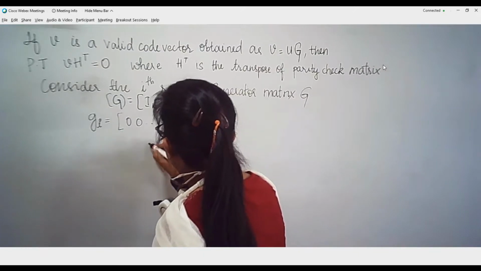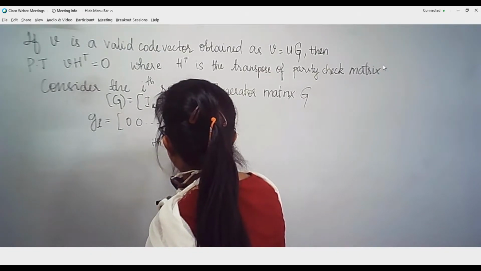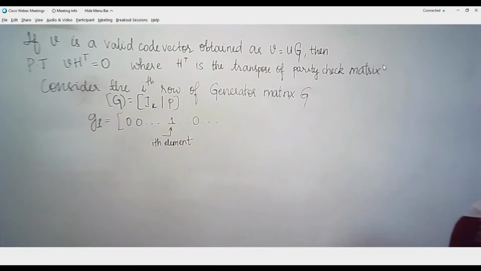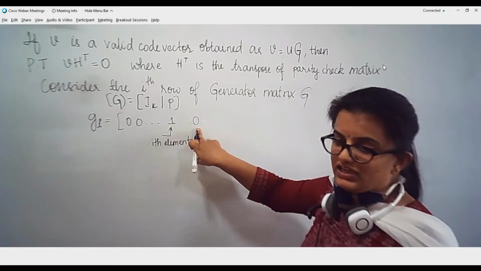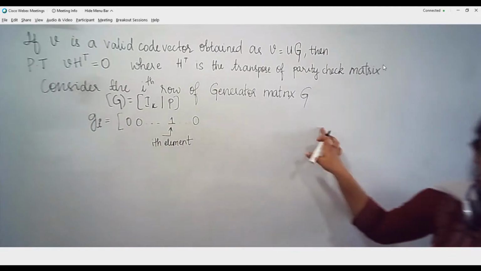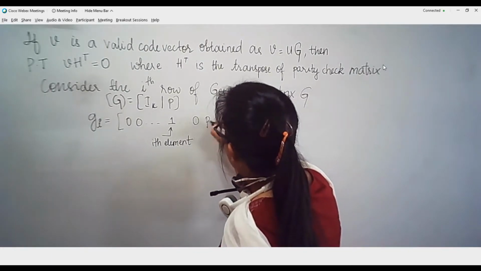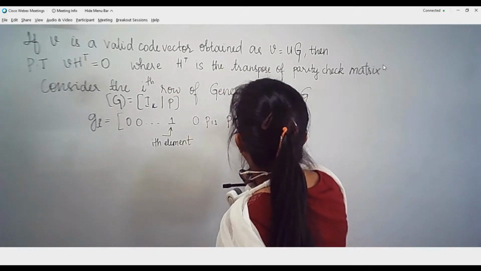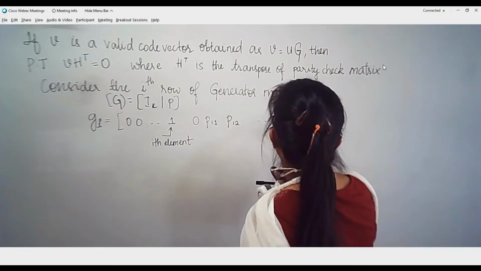This is the ith element, which will be equal to 1. This is the completion of the identity matrix. Then I am going to write the ith row from the parity matrix. The ith row from the parity matrix would look like Pi1, Pi2, so on, Pi comma n minus k.